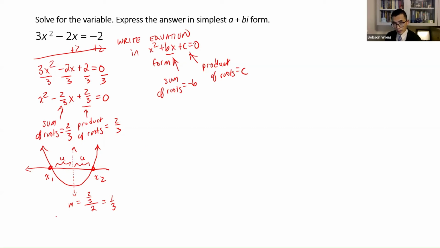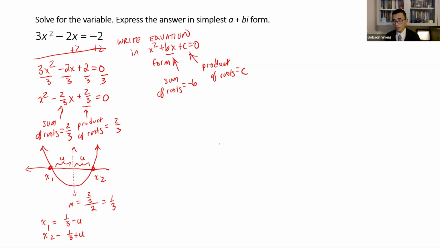We can see from this diagram that x sub 1, the root on the left side, is going to be m, which is 1/3, minus u. And x sub 2, the root on the right, is going to be 1/3 plus u. We call this the mean product method. We just used the mean to write expressions for the roots.